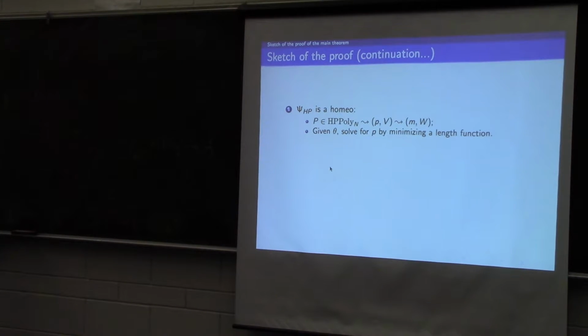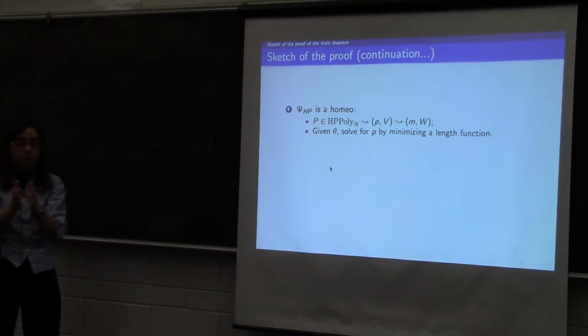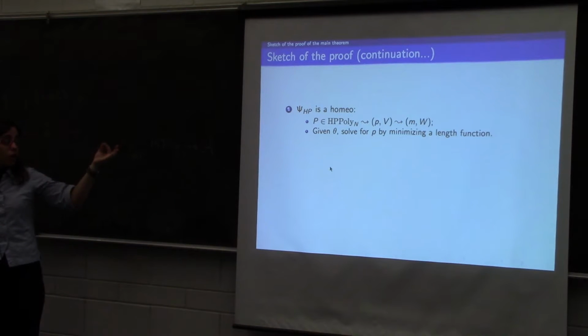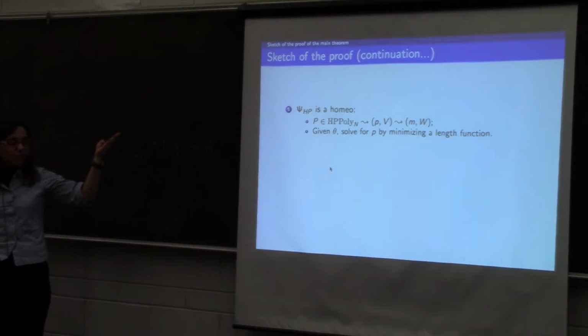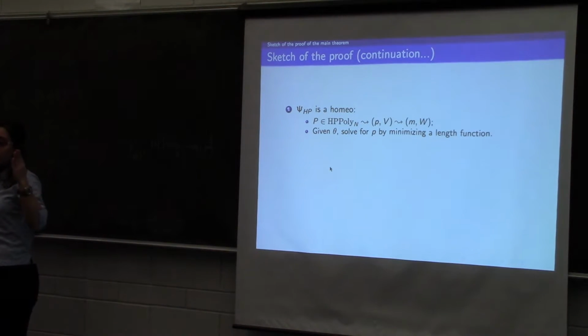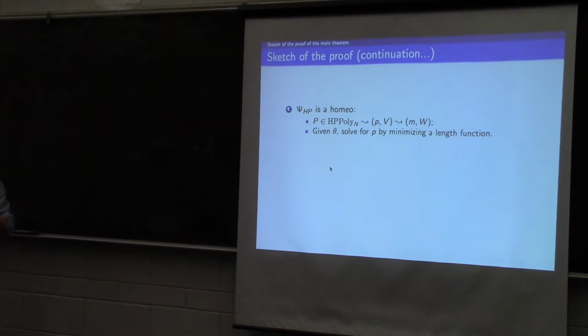I told you that half pipe is a limit of something that happens in hyperbolic space. In fact, a polyhedron in half pipe corresponds to a polygon plus a deformation. That's because half pipe geometry you can think of as the infinitesimal normal bundle of a codimension 1 hyperbolic space inside.